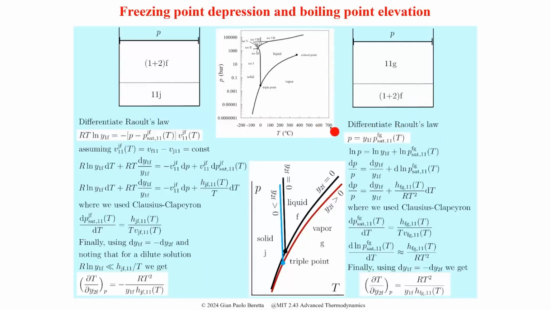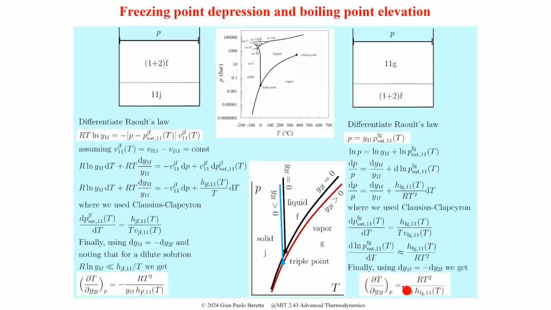Here we have to start from Raoult's law written for these two phases, F and G, which is this one. Again, we do the differential. Again, we use the Clausius-Clapeyron relation. And again, we obtain a partial derivative of T at constant pressure, showing how the boiling temperature changes when you add a little amount of component 2, which is the salt.